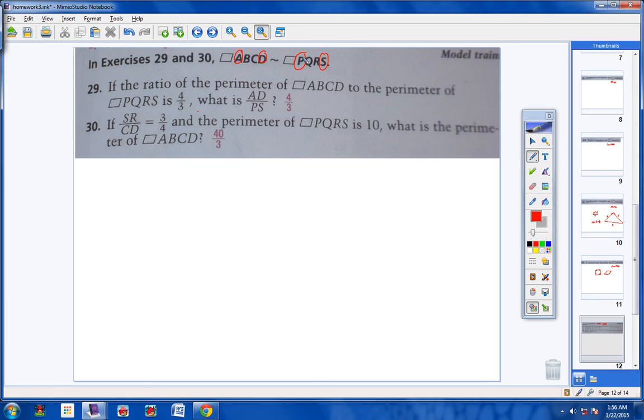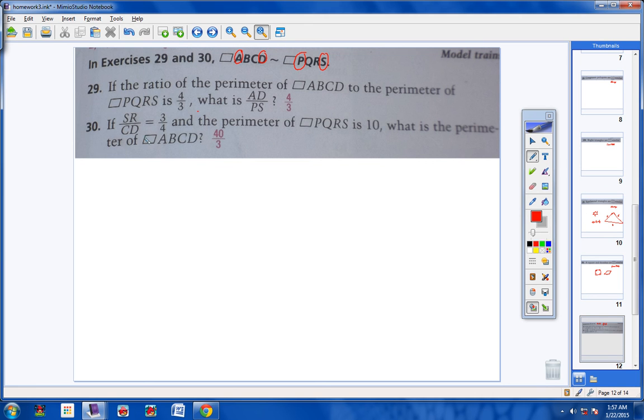It says that if two polygons are similar, then the ratio of the perimeter will be the same as the ratio of the sides. So if I know the ratio of the perimeter is 4 to 3, that will also be the ratio of any side put over any side, okay, because they're similar.